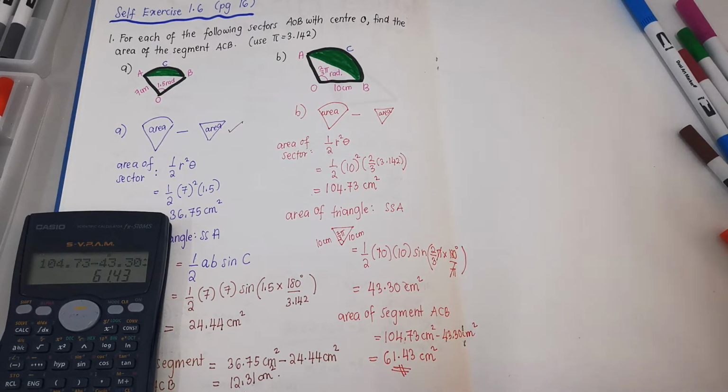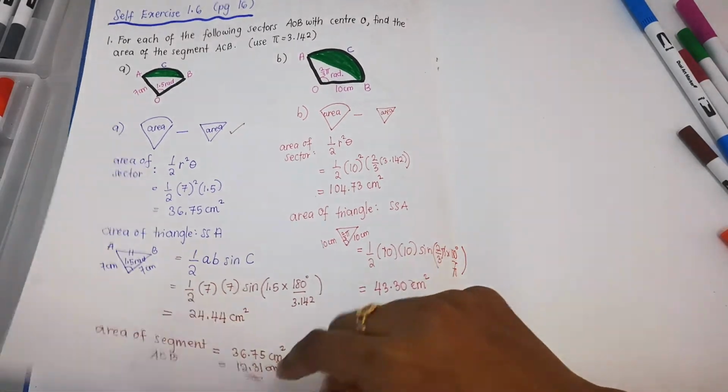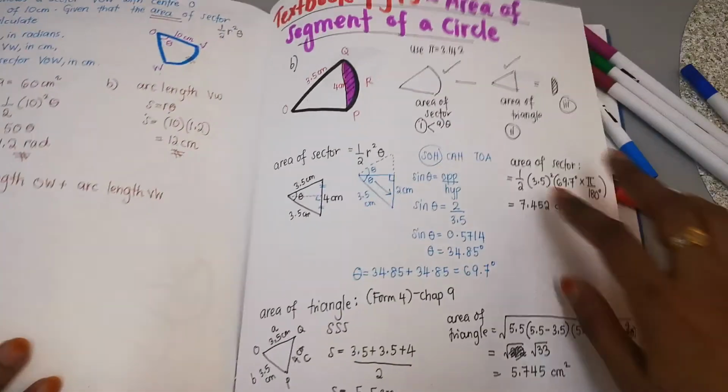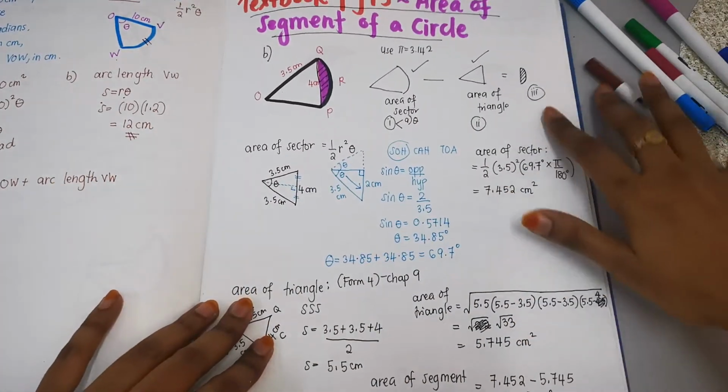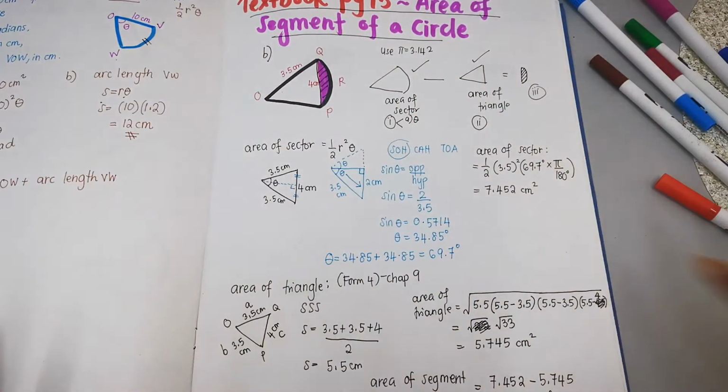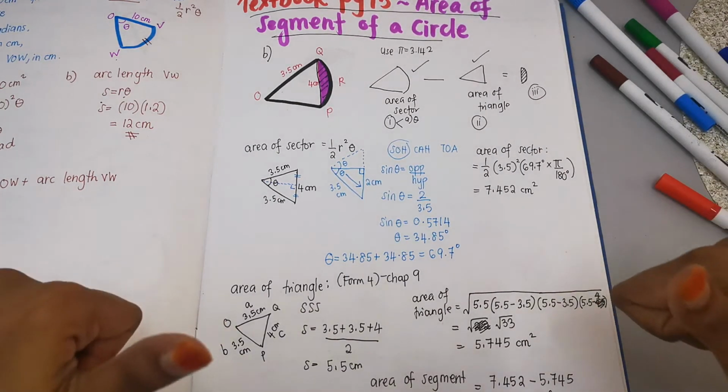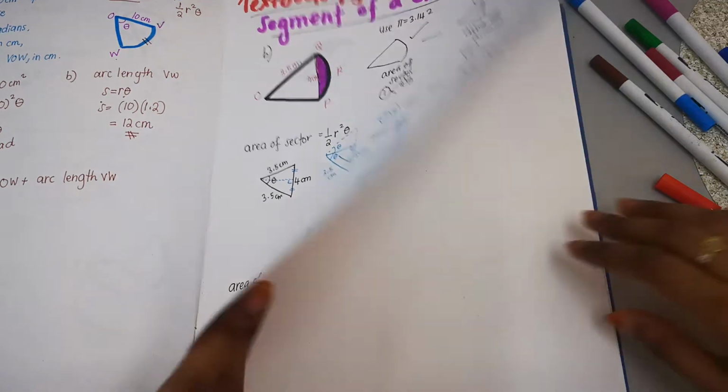For C, make sure you change the 58 degree to radian. And for D, use the example that I taught you here, the one using the textbook page 15. This is exactly the method that you are going to do for D. Okay, all the best. Let me know if you get it in the comment.